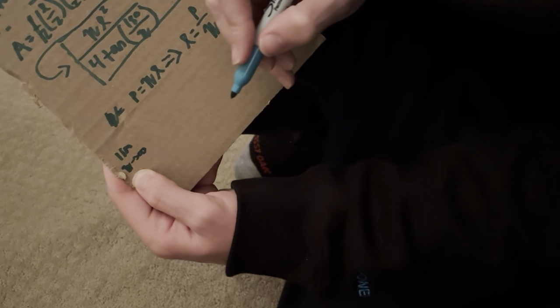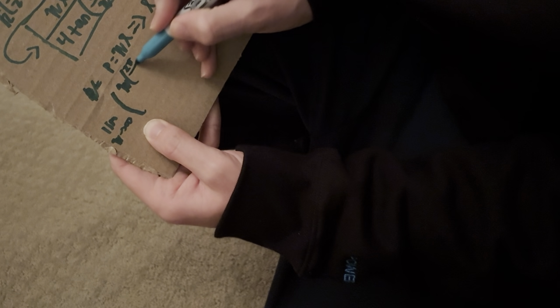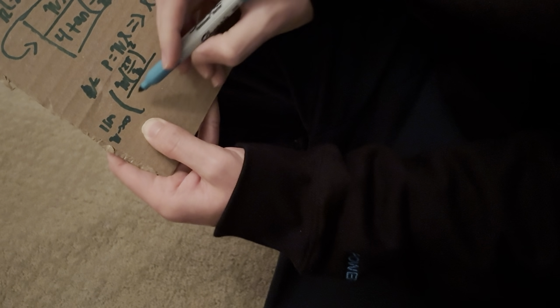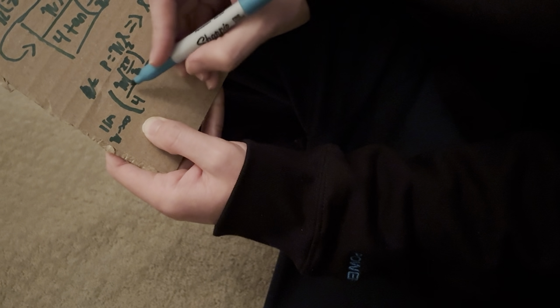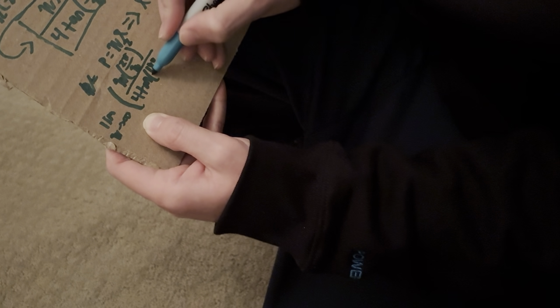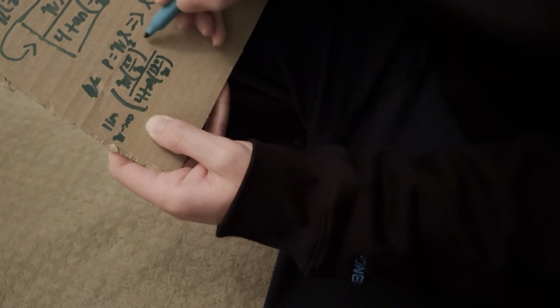Then we plug that in: the limit as n goes to infinity, so as the number of sides goes to infinity, of n times (2 pi over n) squared divided by 4 tan of 180 over n.